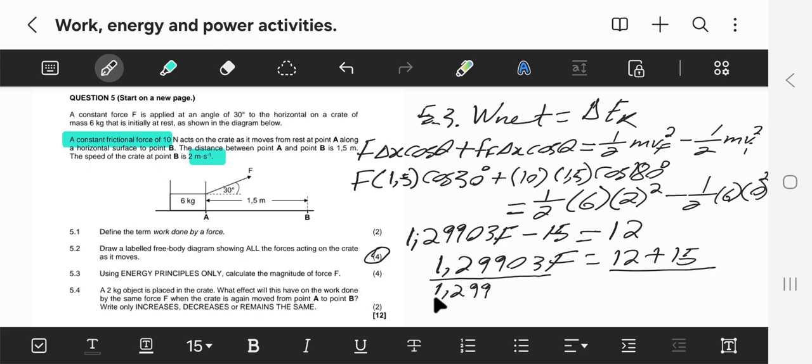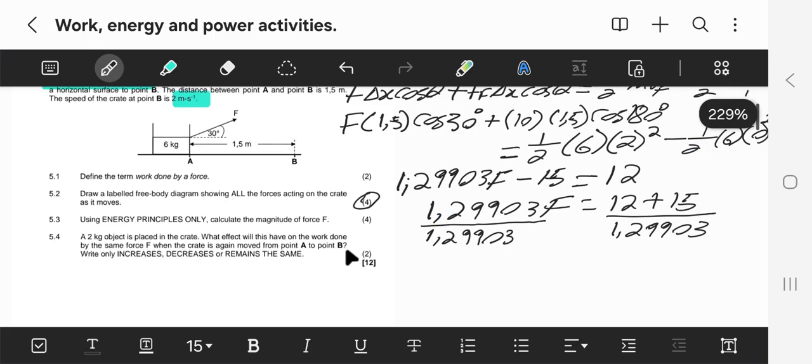So I will divide by 1,29903 on both sides. If I say 12 plus 15, that means I have 27. But you can put this on the calculator exactly as it is.